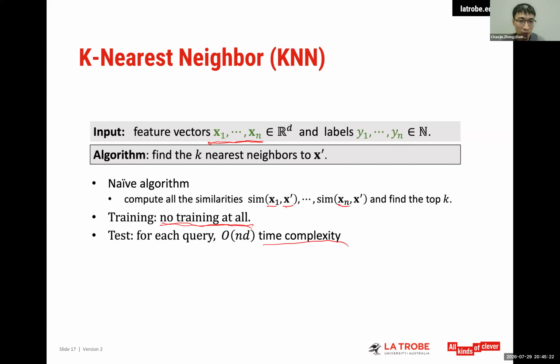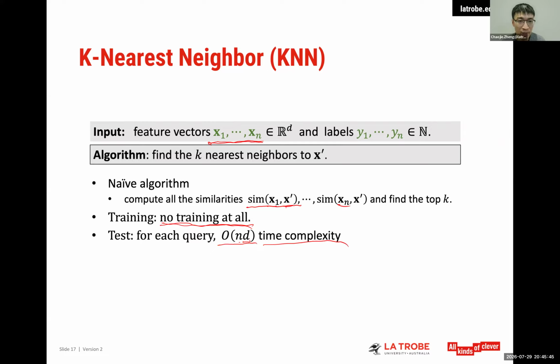If you have learned algorithms before, you will know that this big O notation represents the time complexity, and this D represents the time complexity of calculating each pair of distance.